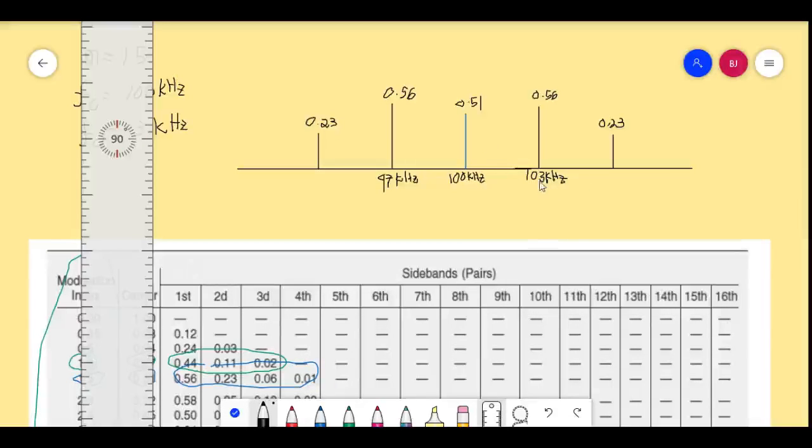Then we add another 3 kilohertz here because of the frequency deviation. So the amount you add, of course, is based on the frequency deviation. Then we subtract 3 from here. So from 97, this becomes 94. Then you just follow the steps for our third set of sidebands, which is 0.06 and 0.01. Then you put in the proper frequencies. So remember to follow the number of pairs of sidebands here, which is equal to 4.